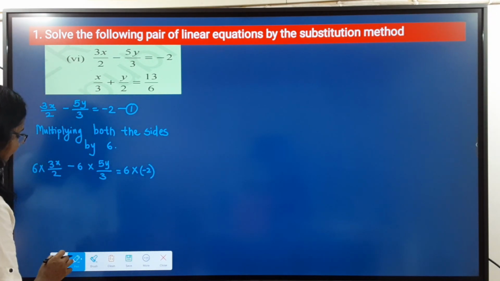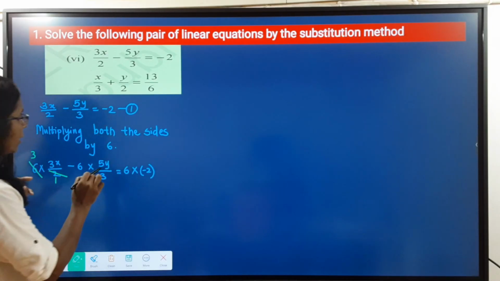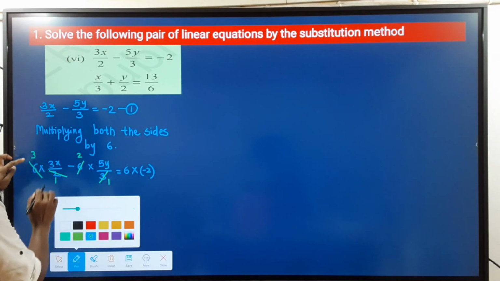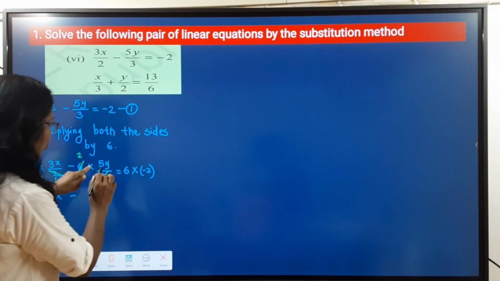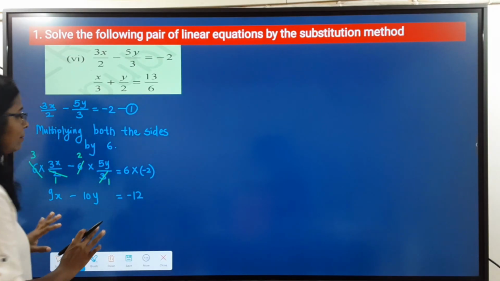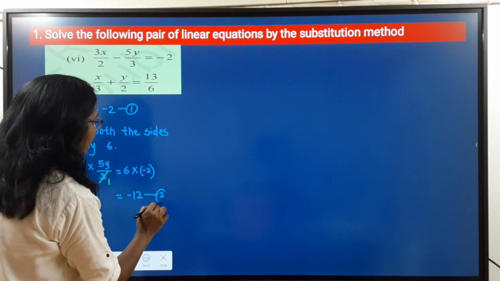Then cancellation: 2 ones are 2, 2 threes are 6. Here also 3 ones are 3, 3 twos are 6. And that means I write down 3 threes are 9x, minus 2 fives are 10, so 10y, is equal to minus 12. So this is the simplest form of this first equation. So I call it the second equation.